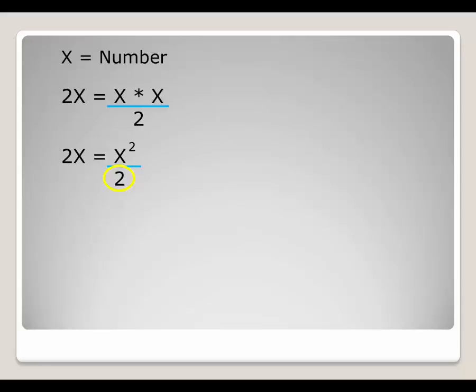According to the rules, we would have to multiply both sides of the equation by 2. So by doing so, we now have 2x times 2 equals 2 x squared multiplied by 2 divided by 2.